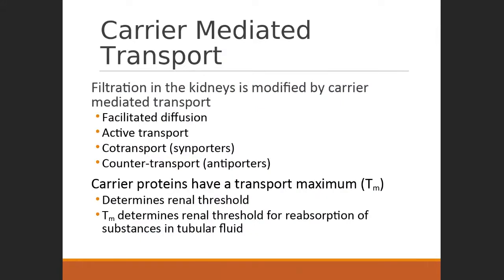Now, how we determine what gets reabsorbed and what passes into the urine all depends on the mechanism of transport that we see along the different locations of our nephron. We filter at the glomerulus, we pass those filtrates into the proximal convoluted tubule, and we start to see active reabsorption.